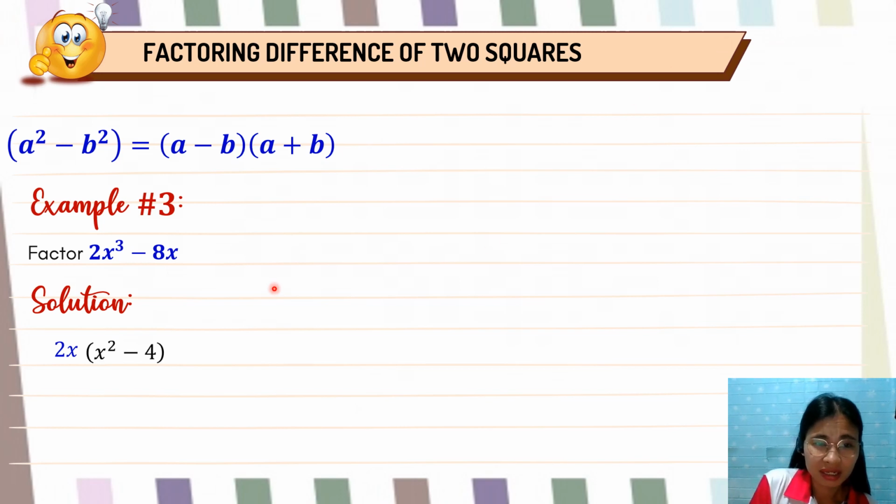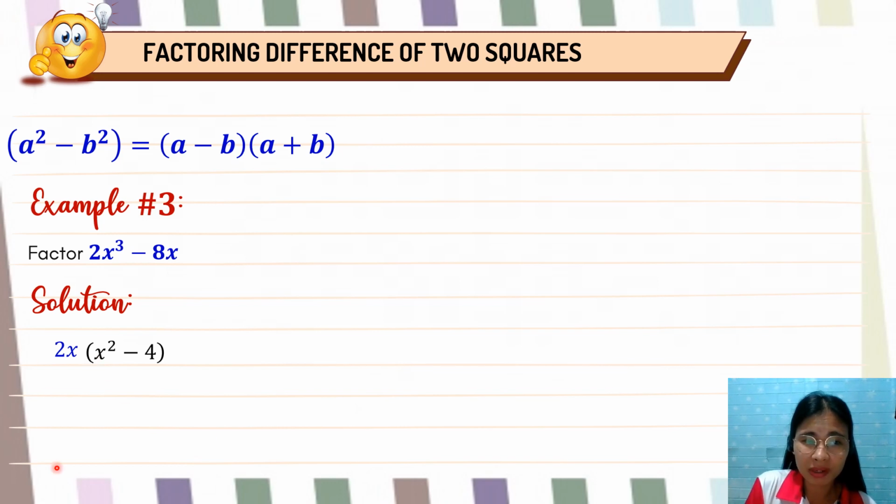So 2 divided by 2 is 1, x cubed divided by x is x squared, 8 divided by 2 is 4, and x divided by x is 1. So the factored form is 2x times the quantity x squared minus 4.